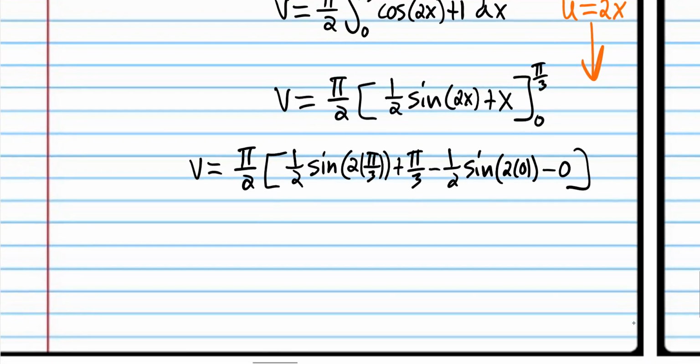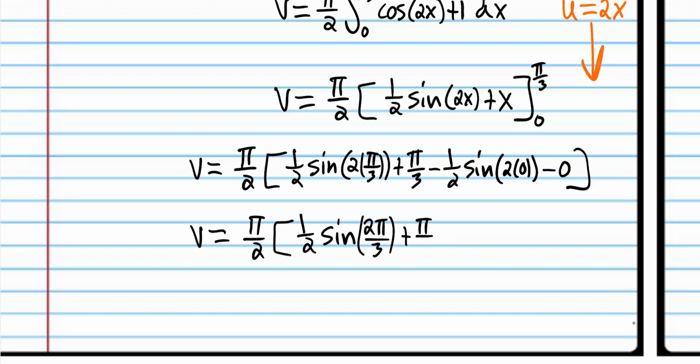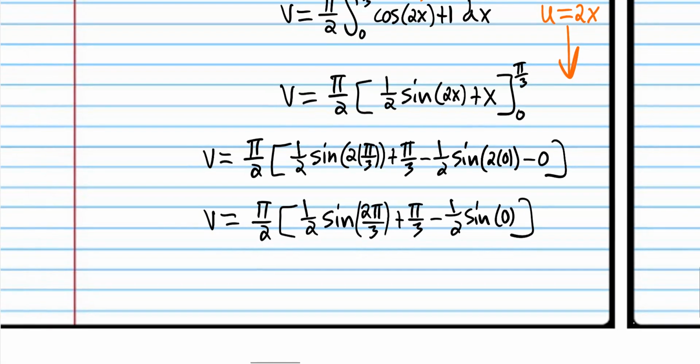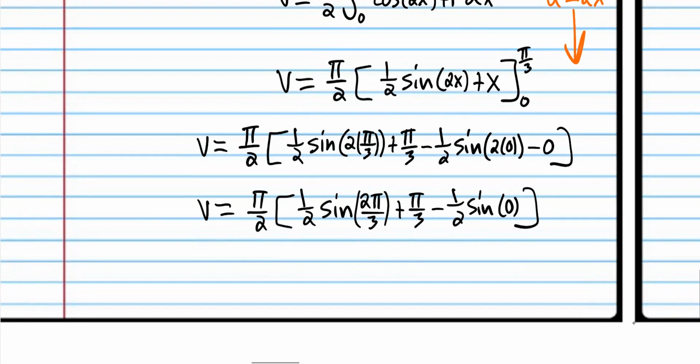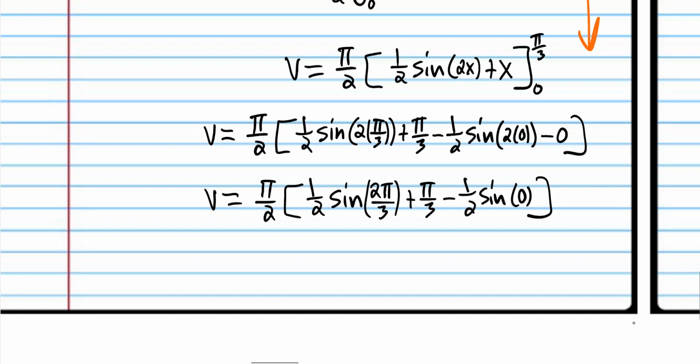So it looks like we're going to get sine 2 pi over 3. So remember, pi over 3 is 60 degrees. So 2 pi over 3 is 120 degrees.